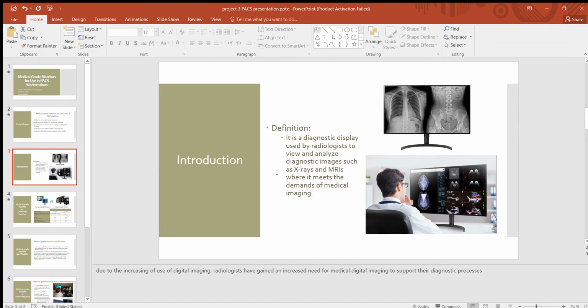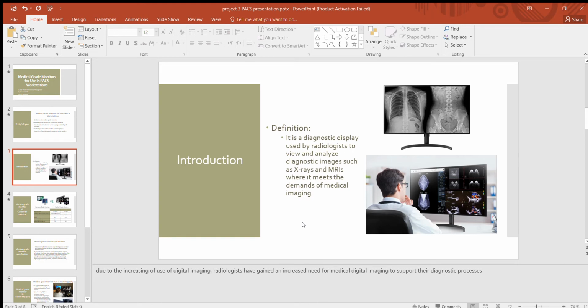So what exactly does a medical grade monitor mean? It's a diagnostic display that is used by radiologists to view and analyze diagnostic images such as X-rays and MRIs and so on, where it meets the demands of medical imaging.